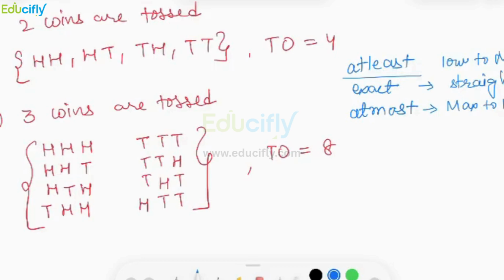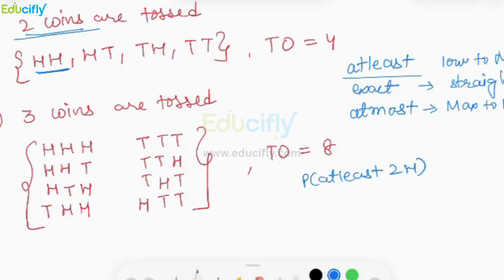Suppose I'm taking this 2 coin case, and I'm asking you what is the probability of at least 2 heads. I'm saying at least 2 heads. So that means I'm talking about the at least case of 2 heads. So where I can see 2 heads, this, right? This is the lowest part here.